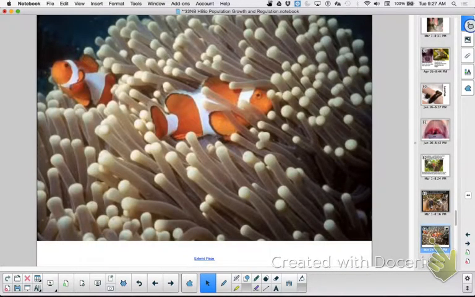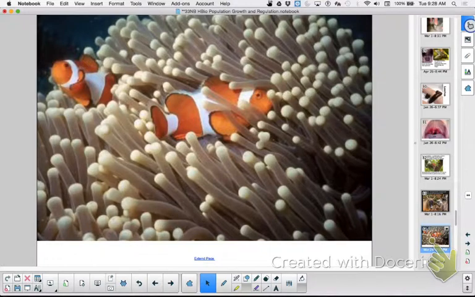Here is Nemo living in and amongst the tentacles of the sea anemone, right? So why is this an example of mutualism? Yes? Yeah, that's okay. Like prongs, and it provides shelter for the clownfish.